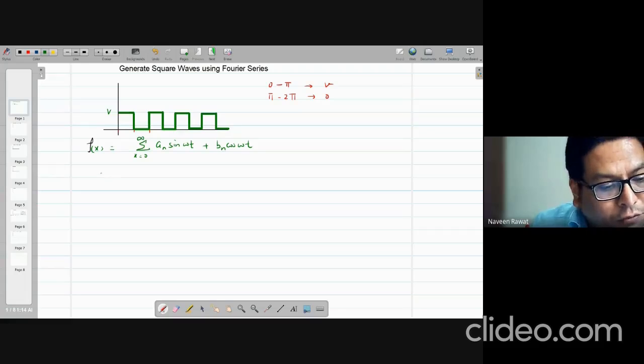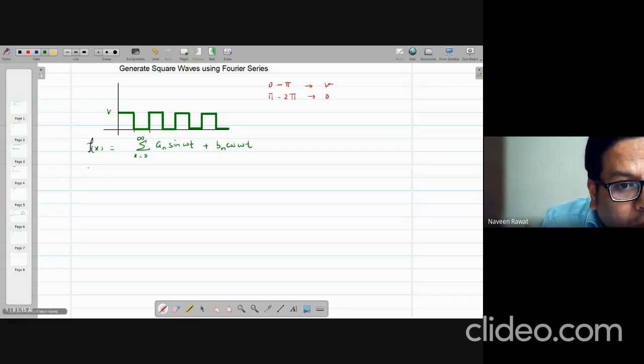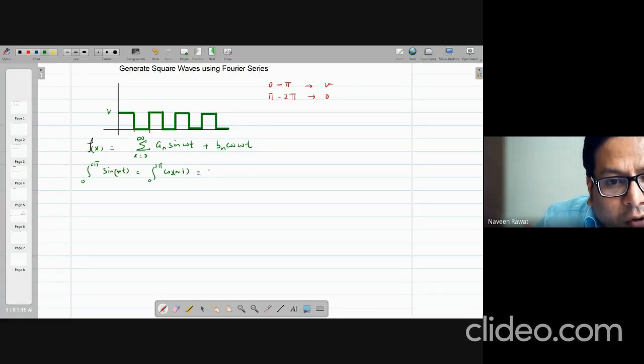And one of the few things is that if you look at the integral 0 to 2 pi, right? And if you calculate the integral of, for example, sine of some value of t, and if you look at 0 to 2 pi, some integral of cosine mt, all these are 0.